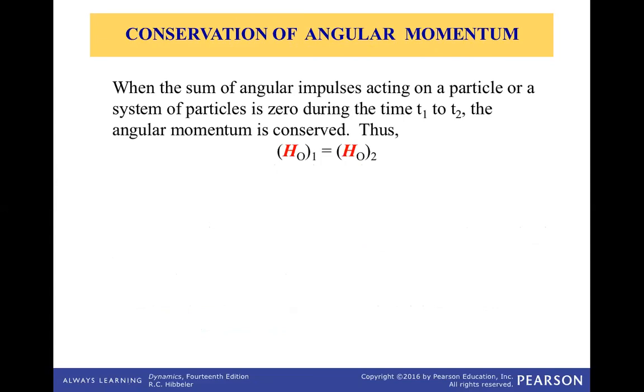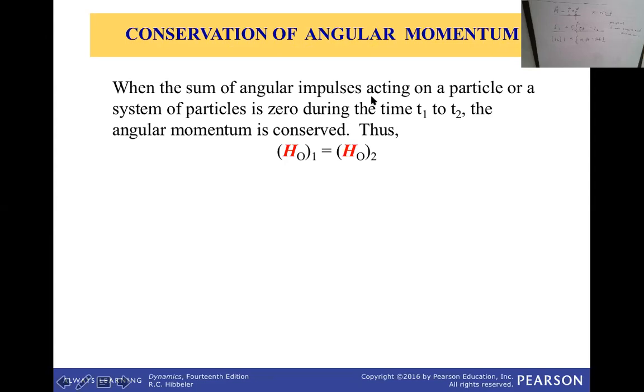In the special case when the angular impulse acting on the particle is 0, we have HO1 plus the summation from T1 to T2 of MO dt equals HO2, the final.